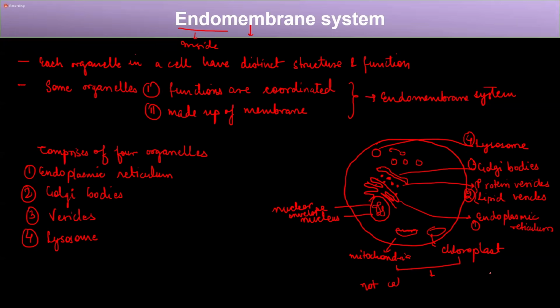Why? Apart from these four, none of these organelles will be called endomembrane system because their function is not dependent on any other organelle. They do not have anything to do with the processing of work that is done by these organelles, and because of this reason, there are only four organelles that comprise the endomembrane system, not others. So this is what we saw about the endomembrane system.